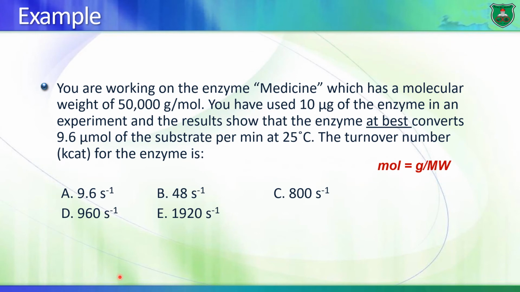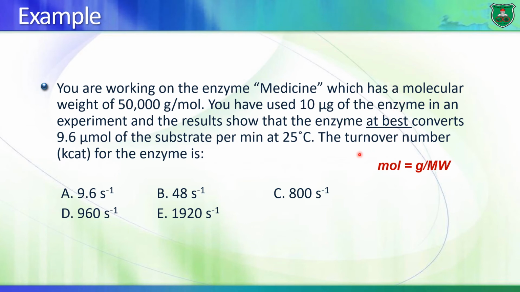So here's an example right here. So you have a certain enzyme and it has a molecular weight of 50,000 grams per mole. You use 10 micrograms of the enzyme in an experiment and results show that the enzyme at best converts 9.6 micromoles of the substrate per minute. At best now means Vmax.